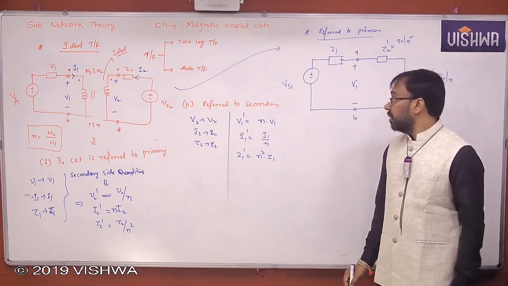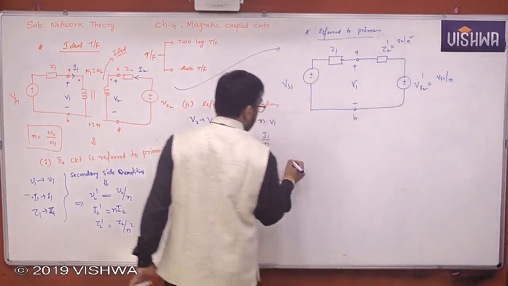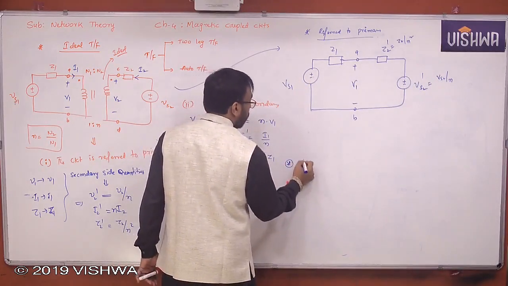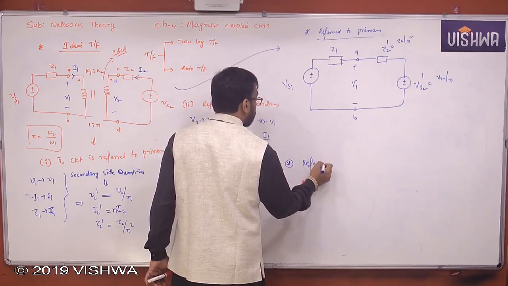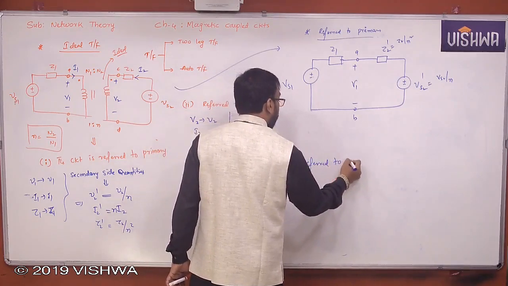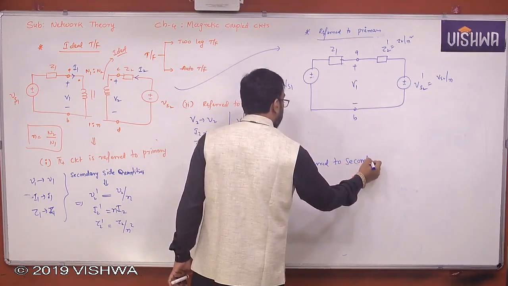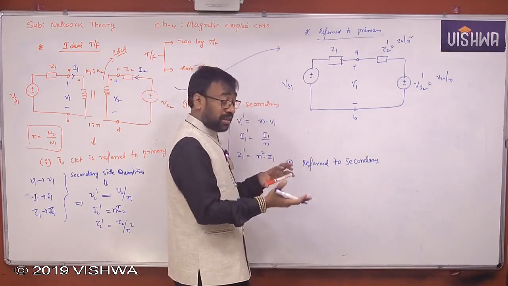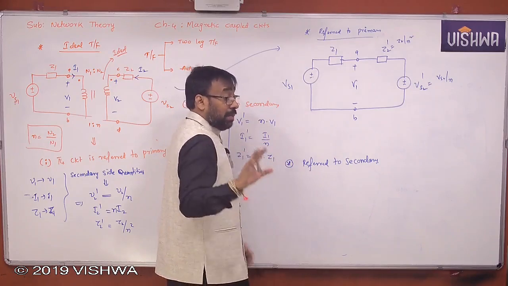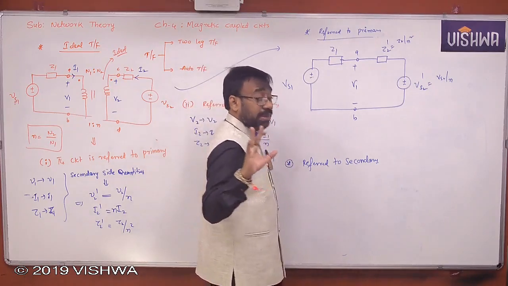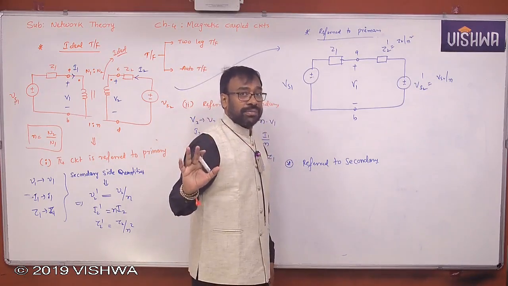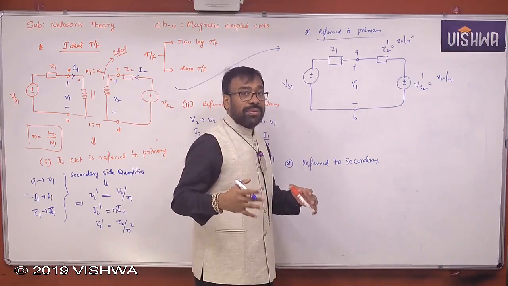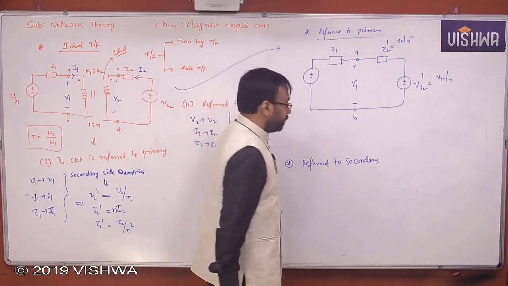Clear, all of you? Okay. Secondary, refer to secondary then. Once you go for refer to secondary, the circuits can be easily simplified if you can convert primary to secondary, secondary to primary. But remember, this is possible only when you have an ideal transformer. If you have a practical transformer, you have to convert that into ideal.